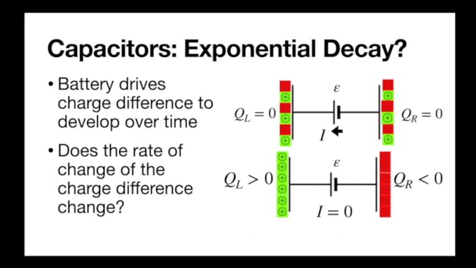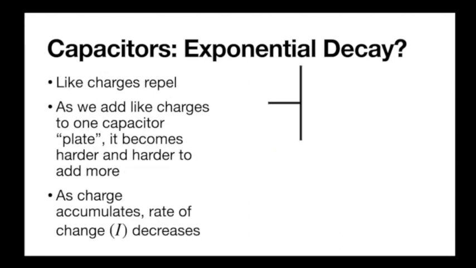We're taking charge from one side and putting it on the other. If there's no current, then no more charge will flow. So those two things are related the same way. Anyway, it is exponential change where the behaviors will decay toward equilibrium.